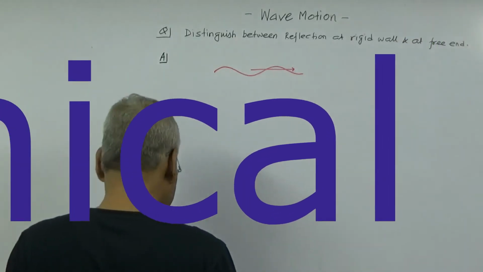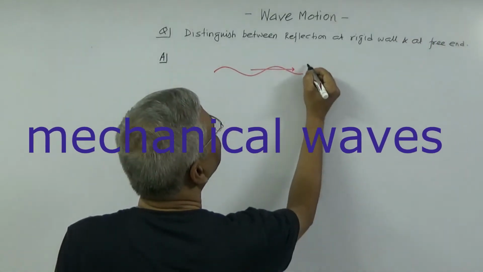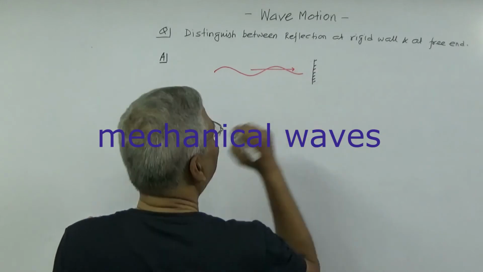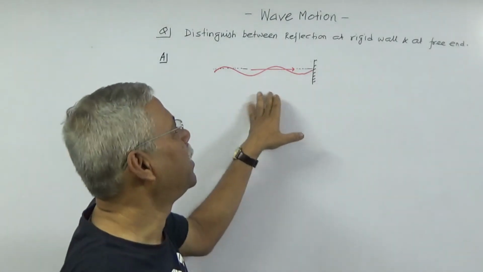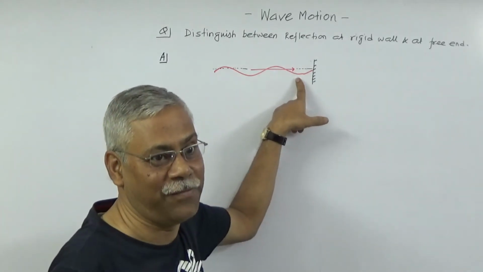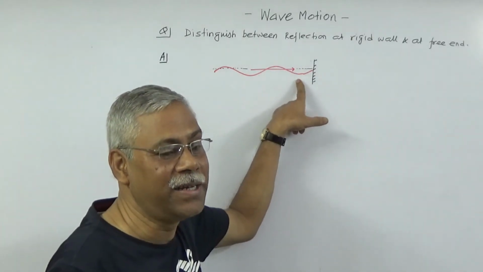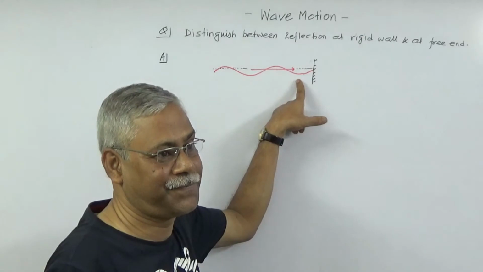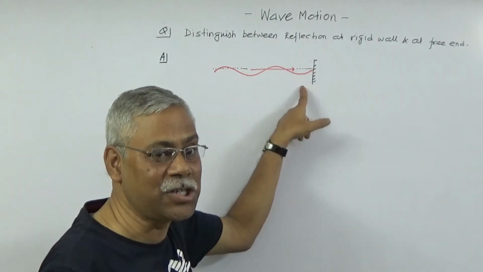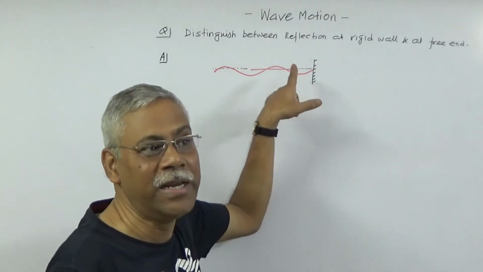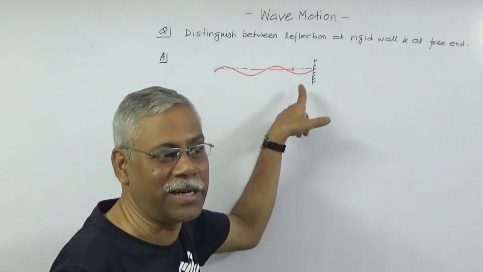The wave is traveling in this direction, and it will get reflected from this rigid wall. Due to reflection from the rigid wall, the phase of the reflected wave will instantly increase by pi at the instant of reflection.